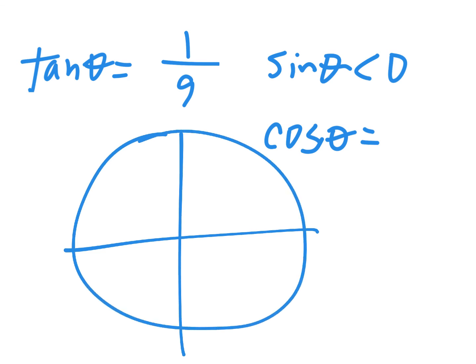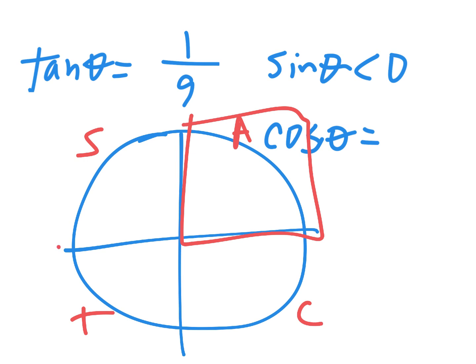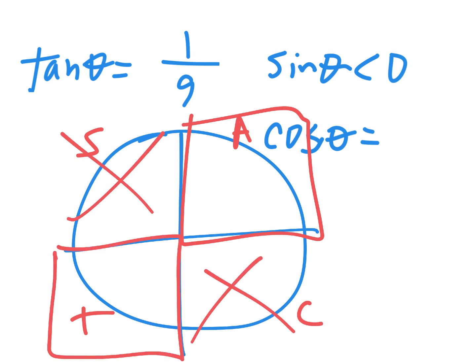So first you should be thinking, where do I draw it? And at first you might have thought that you had two choices. ASTC really helps. Tangent's positive here and here, but sine has to be negative, so it can't be here. Now draw it in the third quadrant.